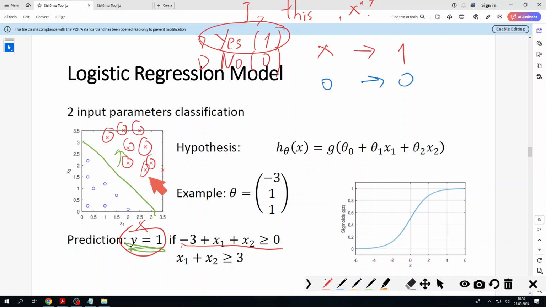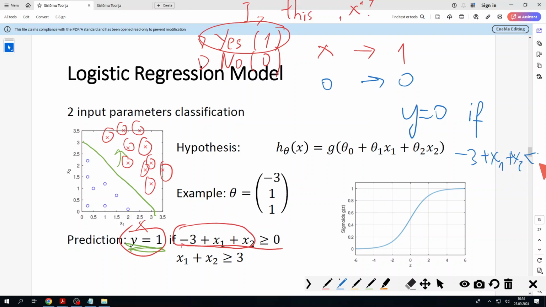because this is the scenario we are now studying, and all the crosses are above this line. Now this formula is the equation of this line, so we are interested in all the points that are more than this equation, so positive. Likewise, we could say that y equals 0 happens if minus 3 plus x1 plus x2 is less than 0.